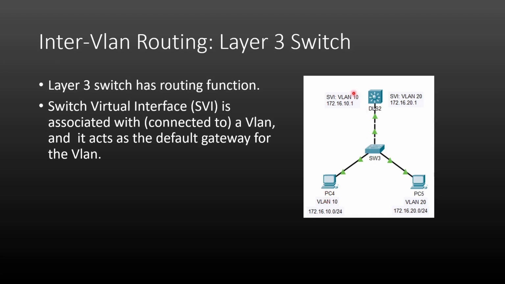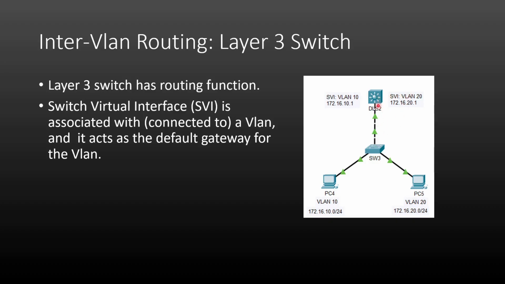As I said, a layer 3 switch has a routing function. Once we enable routing, the layer 3 switch will be able to route packets from the VLAN 10 interface to the VLAN 20 interface via the switch virtual interfaces, SVIs.